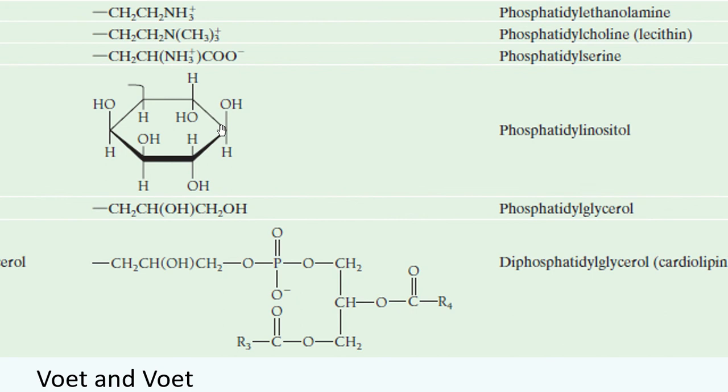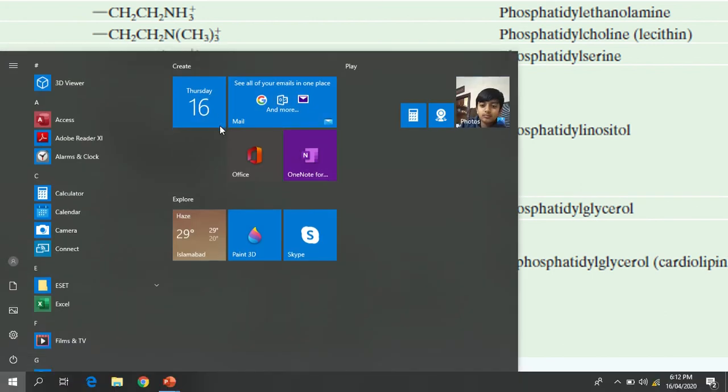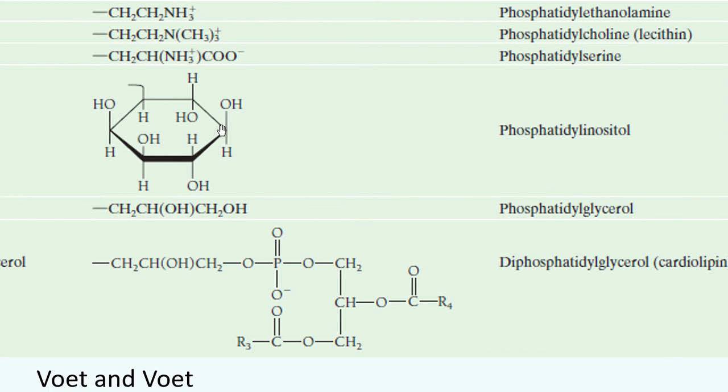In turn, it is important for regulating the flux of calcium in the cell. And by regulating the flux of calcium, it is useful in controlling many different types of phenomena. For example, it is important for secretion from the cell. It is important for regulating the transport of vesicles in the cell and several other processes. So, phosphatidyl inositol has a very important role in cell signaling.